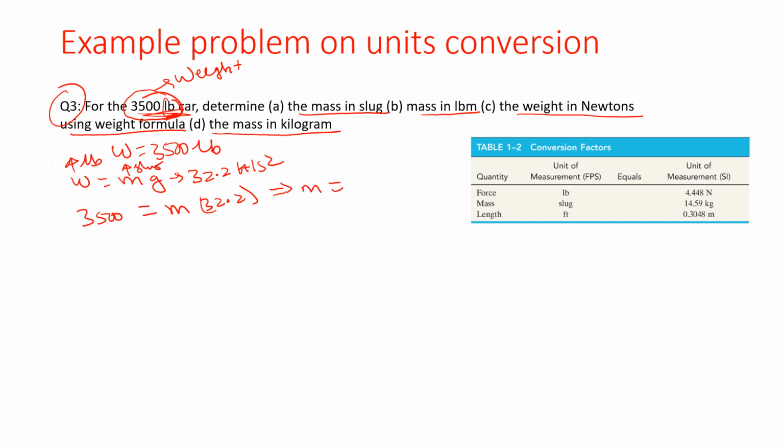If you simplify it, you get this to be close to 108.7 slug. You should always write the unit at the end. It's very important you write the unit, otherwise it's just a number.